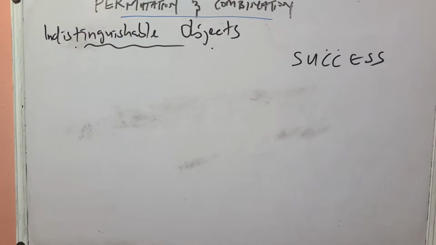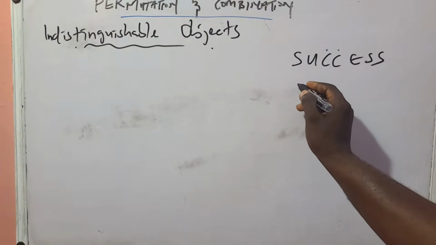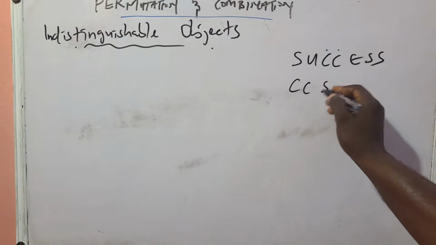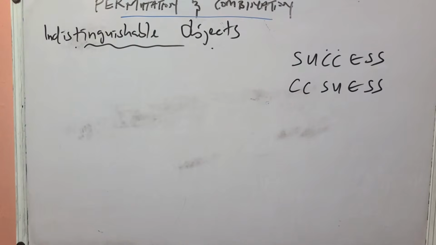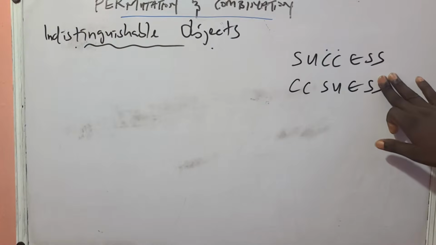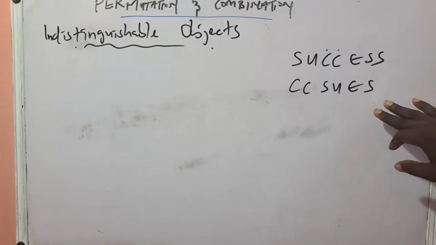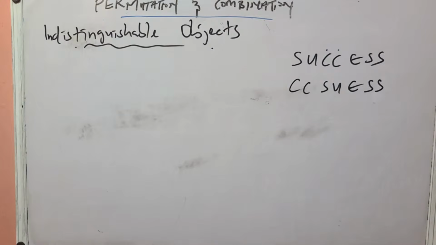Let me write, for instance, this is a permutation: CCSUESS. I'm sure you understand that this will be a permutation, right?